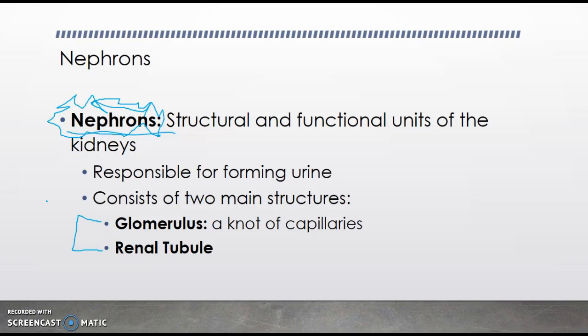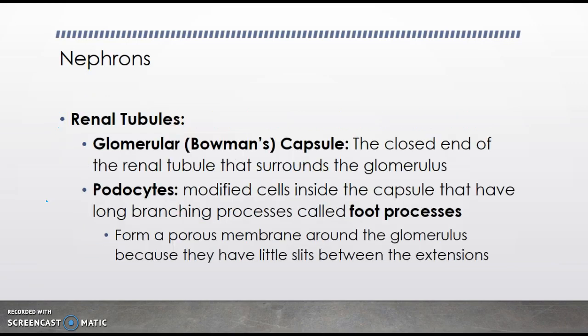Then that glomerulus leads to what we call the renal tubule, and in this renal tubule is where all of our filtration occurs. So we're going to get into all the different structures of a renal tubule before we get into how it works. So the glomerulus is really the knot of capillaries, and then surrounding that knot of capillaries you have what's called a Bowman's capsule.